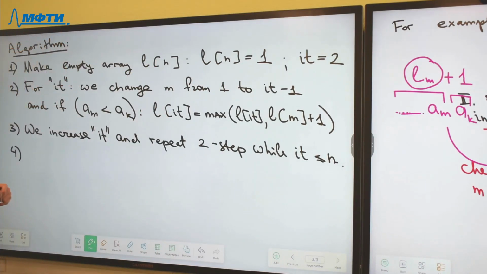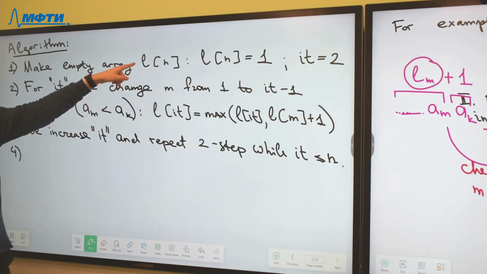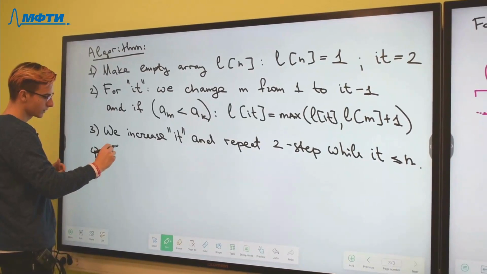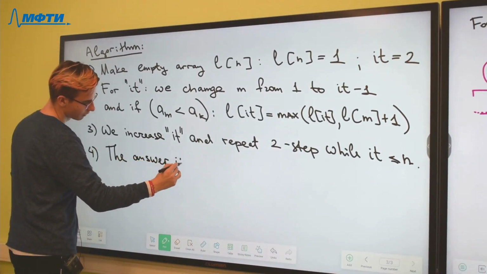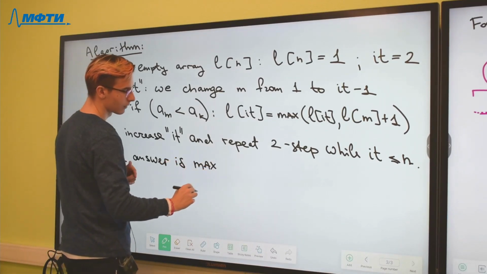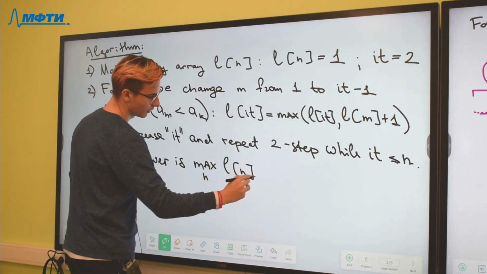Then we say that the longest increasing subsequence in the whole sequence will be the maximum of this array. So the answer is the maximum of this array.